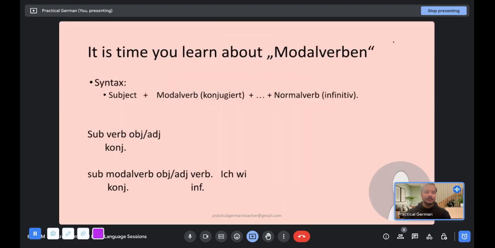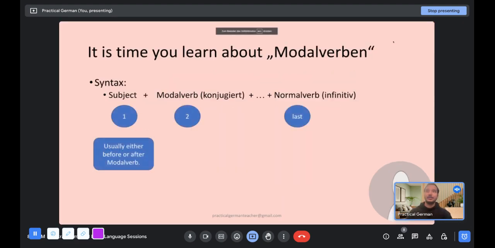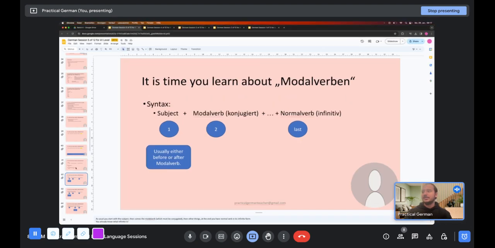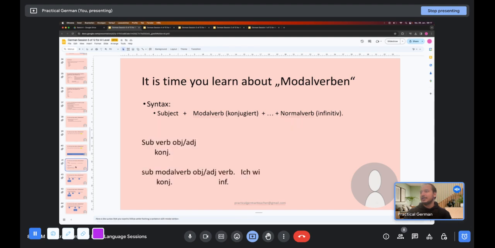I think that was clear. In a normal sentence, subject, modal verb, and so on, and at the last position you have the normal verb. The subject is in first position. If something else comes there, for example, I said ich will Deutsch lernen.